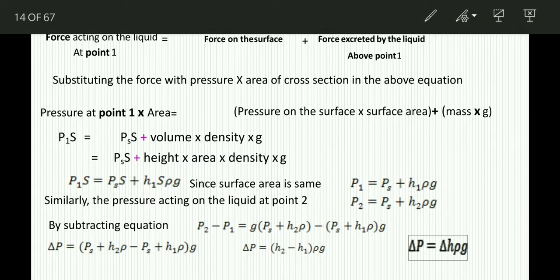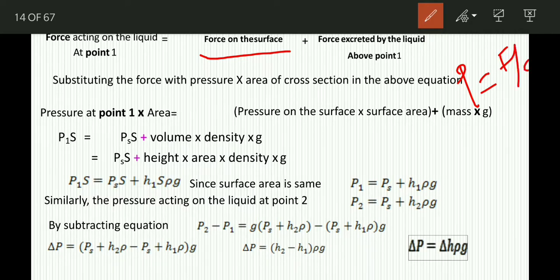The force acting on the liquid at point 1 we can calculate as the force on the surface plus the force exerted by the liquid above point 1. As you all know, pressure is given by force per unit area.